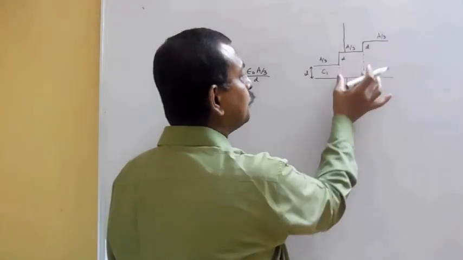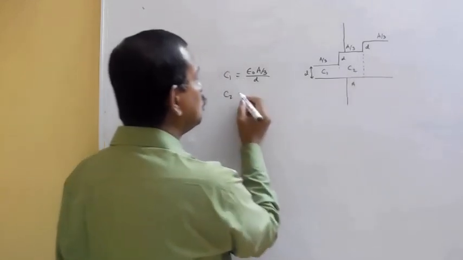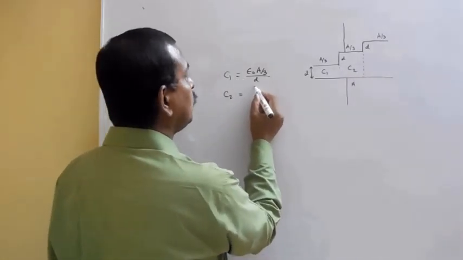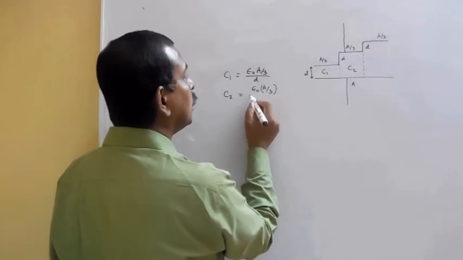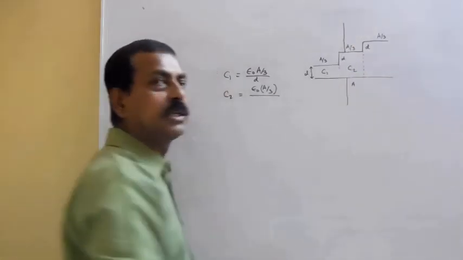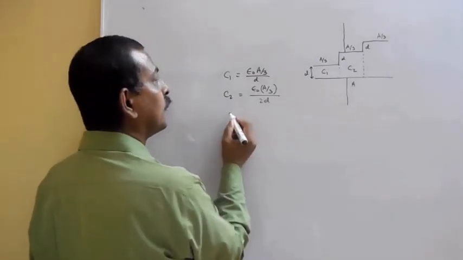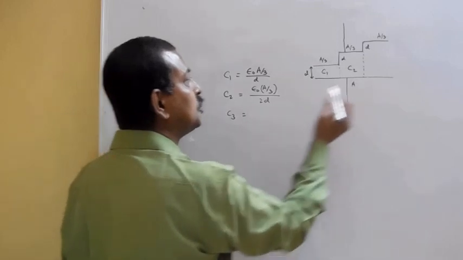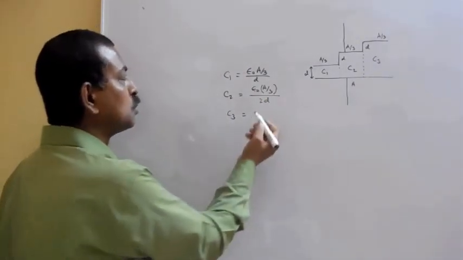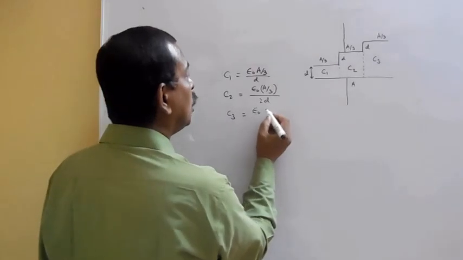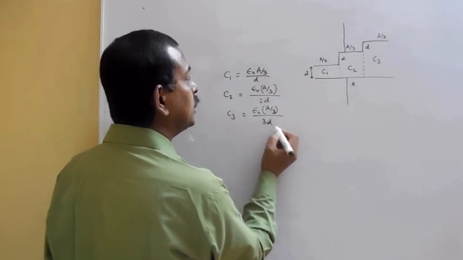This is the second one, C2, which will be epsilon naught A by 3 divided by, now the separation is 2D. And the third one, which is C3, is this one. This will be epsilon naught A by 3 divided by 3D.